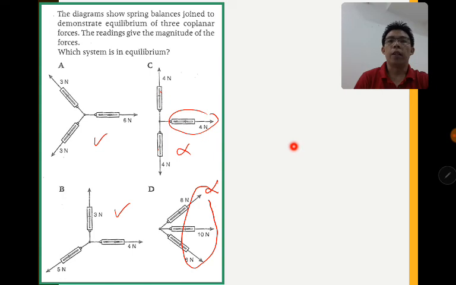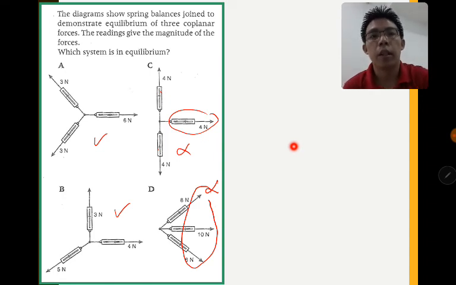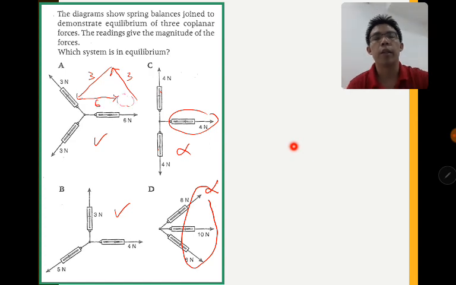Here we got a problem, because we don't really know whether they are forming the closed polygon. If you use a scale diagram and draw 3 and 3, let's say cm, then you can figure out that this one doesn't form a closed triangle.